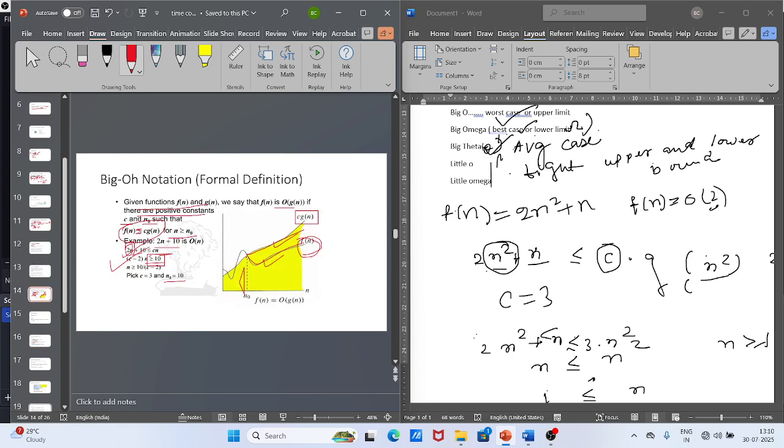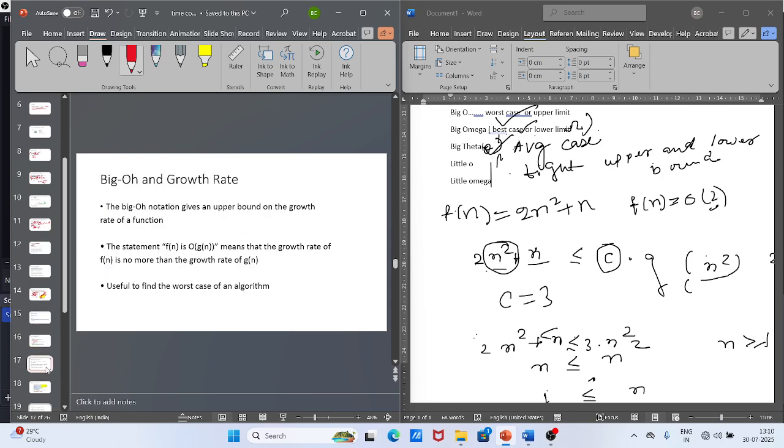Just see this picture here. After a certain point, you check that g(n) is always greater than f(n). You have to find out this certain point. Okay, now next one is growth rate, big O and growth rate.